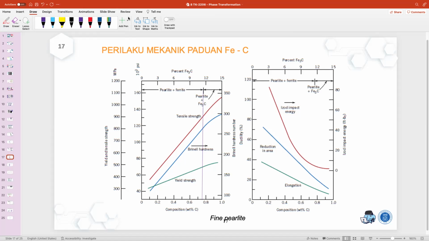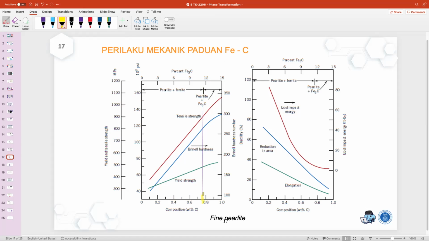Okay, and those microstructures will also have implications on the properties of the metals. So let's say we see the mechanical properties of the alloys, iron and carbon only. Here, for example, this is the 0.76, yeah, which is for the eutectoid.